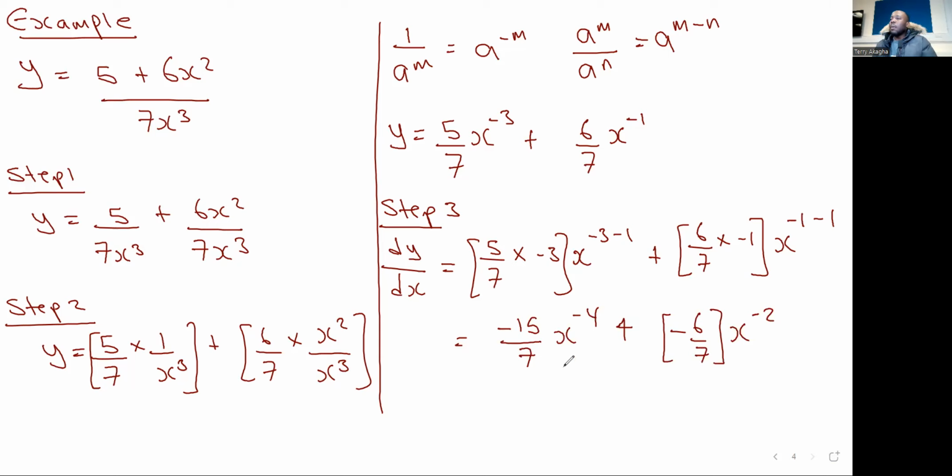So plus times minus will give you minus. So it's going to be minus 15 over 7 x raised to the power minus 4, minus 6 over 7 x raised to the power minus 2. And this is the dy over dx.